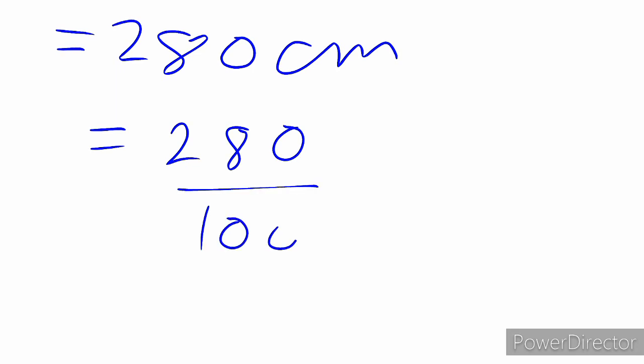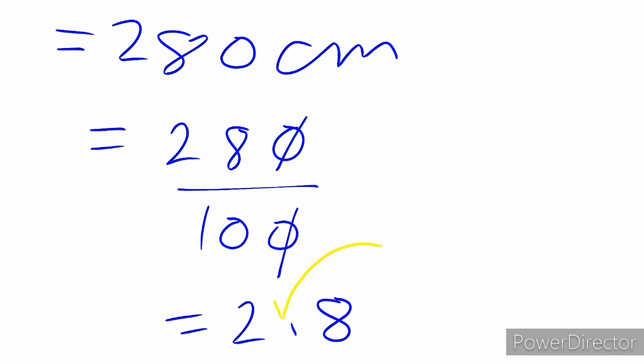After dividing, this 0 will be cancelled and this 0 will go here as a decimal, so the decimal will come between 2 and 8. Okay, now your answer is 2.8 meters. So the answer of this question will be 2.8 meters.